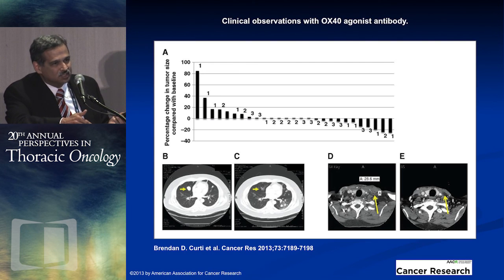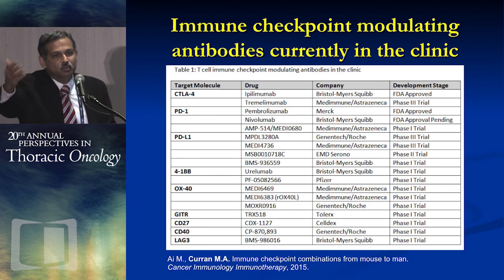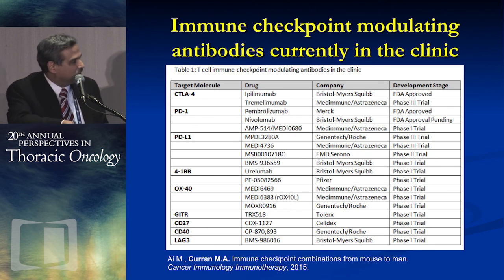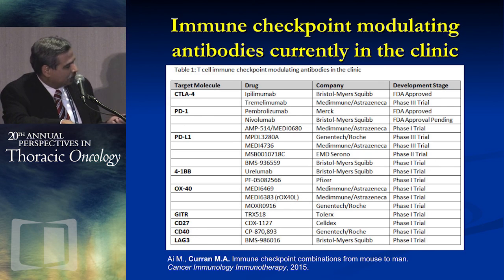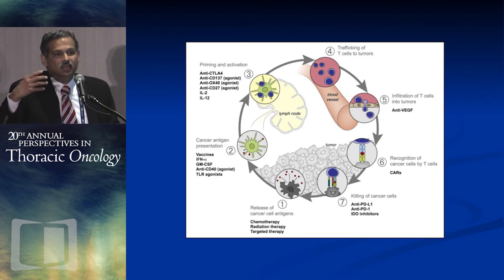This was a sort of first-in-class agent. There are several other agents now in development. And this is a list of some of the agents, not only of the immune checkpoint inhibitors, but immune stimulatory molecules that are in development right now. And so we go back to the immune cycle because we definitely need to look at combinations.